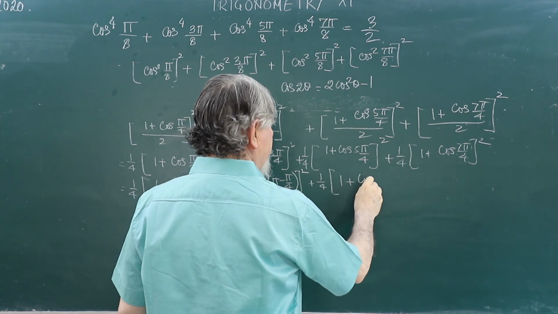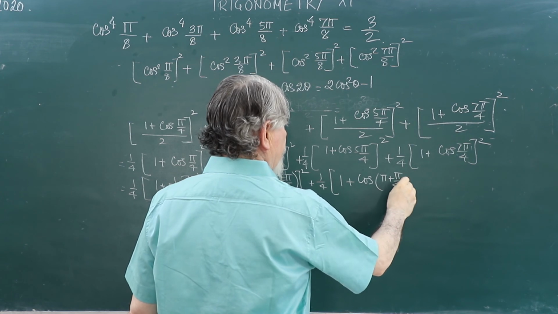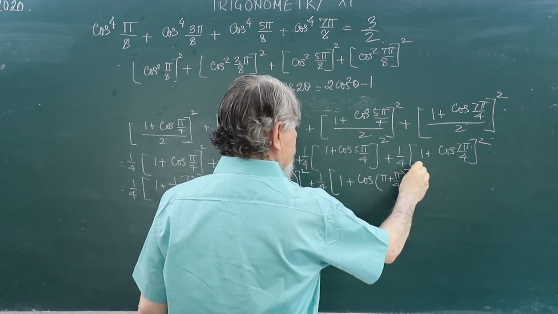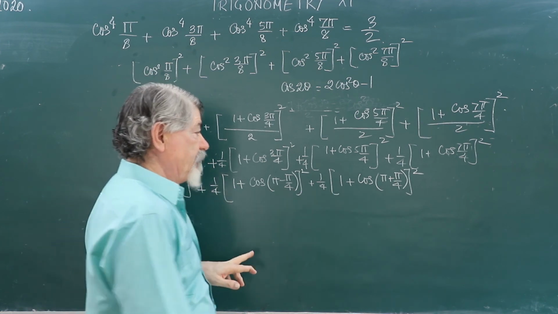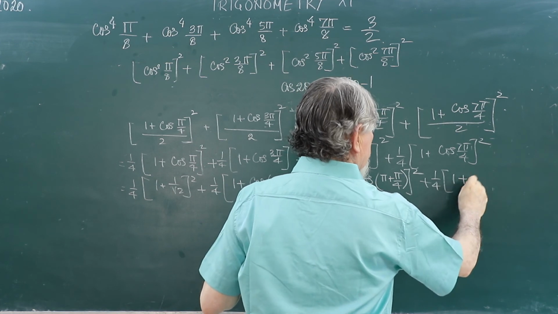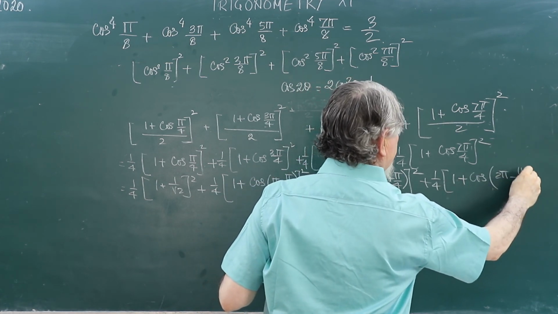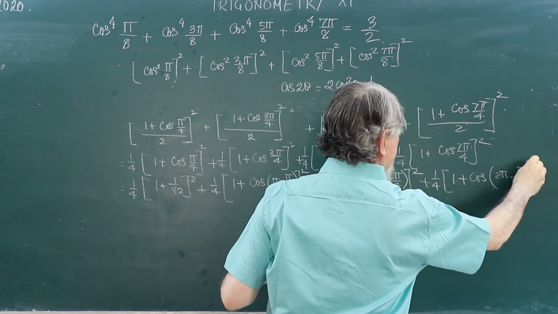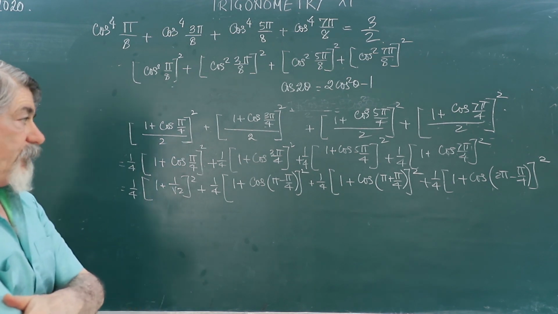I can write this as π plus π/4, because this will become 5π/4. Plus 1/4 (1 + cos(2π − π/4))². Everything in terms of π/4. 2π minus π/4 will be 7π/4.